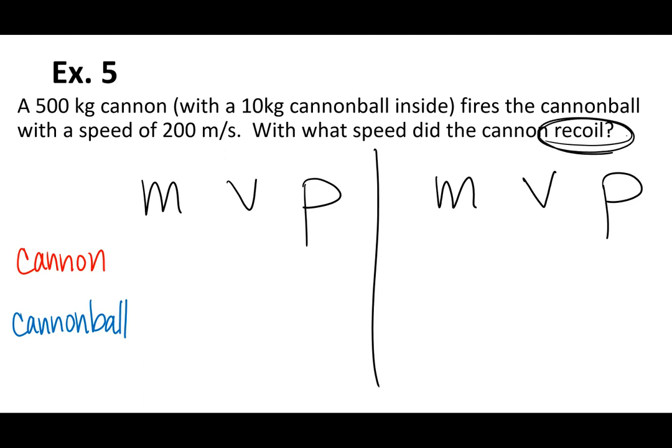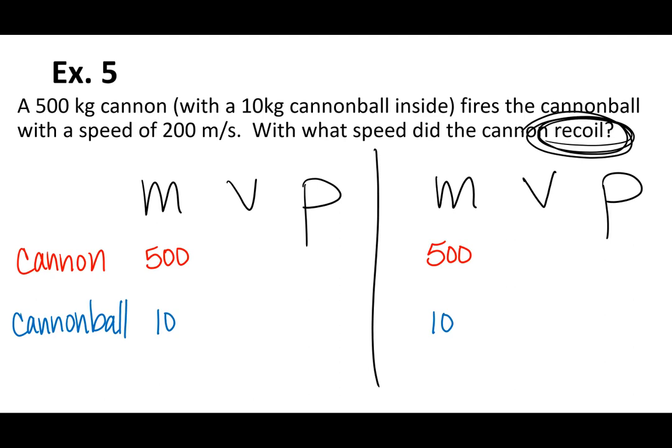Right here: with what speed did the cannon recoil? Well, the cannon has a mass of 500, which is going to be the same on both sides. The cannonball has a mass of 10, which is also the same on both sides.